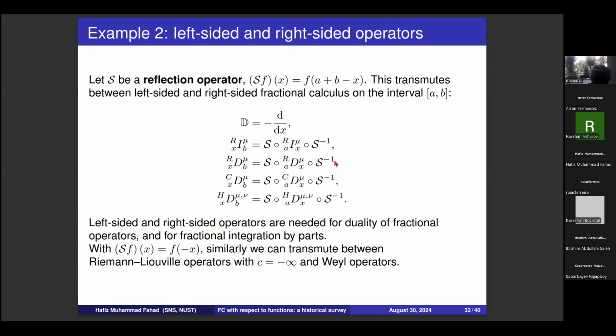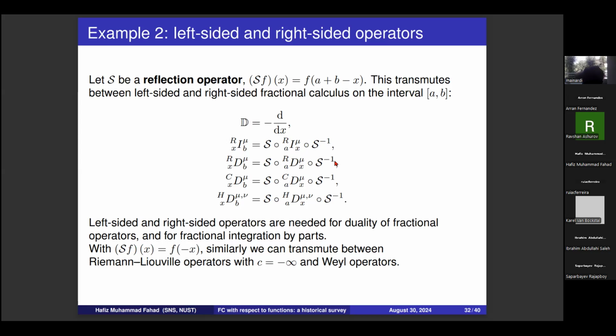Next we have the example of left-sided and right-sided operators. If we consider S a reflection operator, that is, S applied on f of x gives f of a plus b minus x, then this transmutes between left-sided and right-sided fractional calculus on the interval AB.